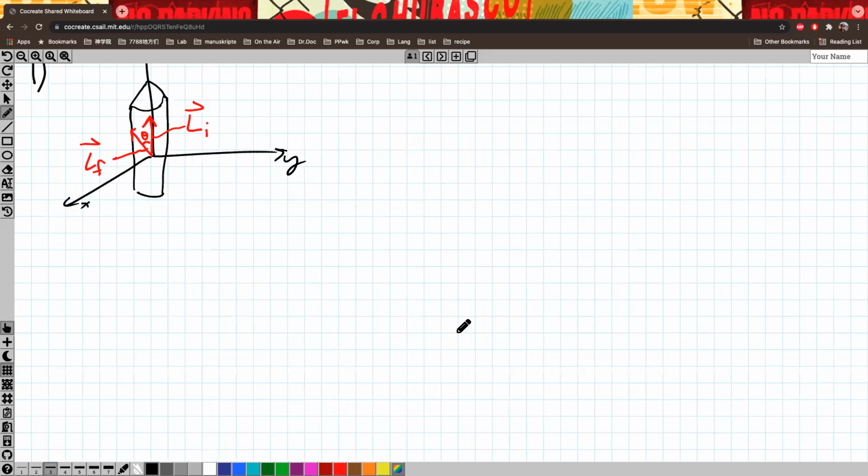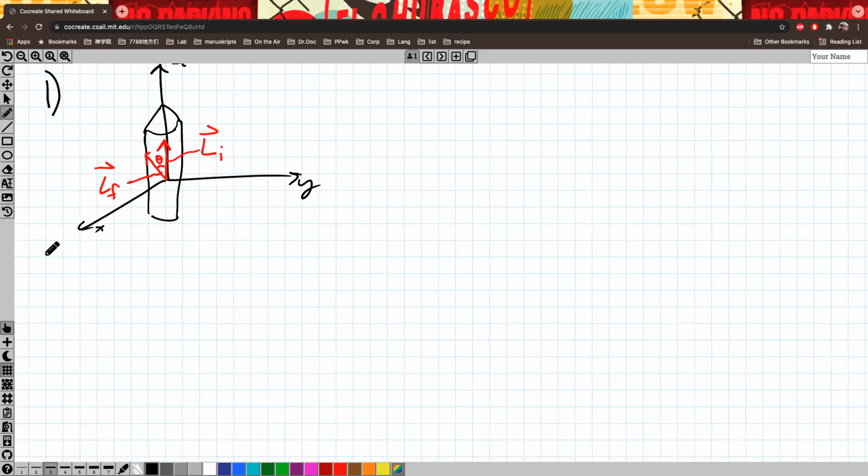So delta L, how do you justify that? Do you know what direction delta L is going to be facing? It would be the change in L.